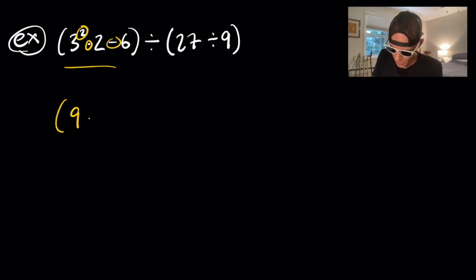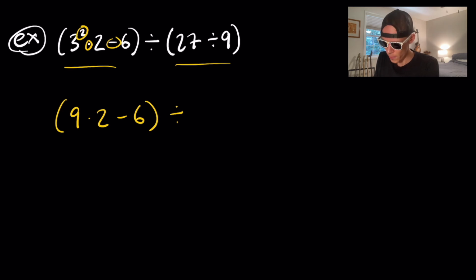So that'll give us 9 times 2. Remember, 3 squared is 3 times 3, not 3 times 2. So I'll have 9 times 2 minus 6 divided by, and then while I'm at it, actually, I can just do this parentheses as well. It's not going to mess anything up. 27 divided by 9 is going to be 3, and the parentheses go away.